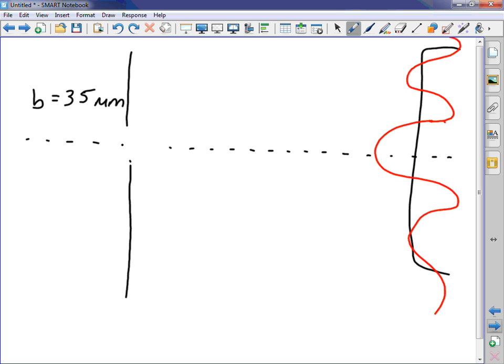I take a ruler, just a standard ruler or meter stick, and I know the distance between the screen and the slit is, let's say, 1.5 meters. With this small slit, I'm going to actually get some pretty good resolution, meaning things are spread out. And I know the distance to the first minima is, let's say, 15 centimeters. This is going to allow me to solve very accurately, just taking measurements with meter sticks, for the wavelength of light.